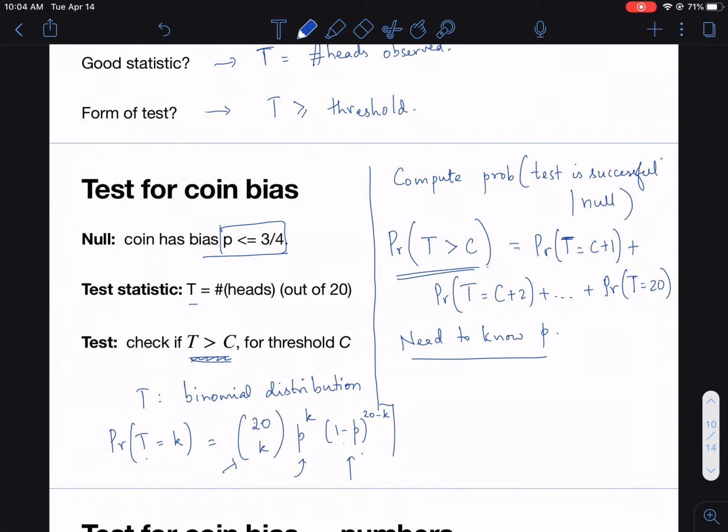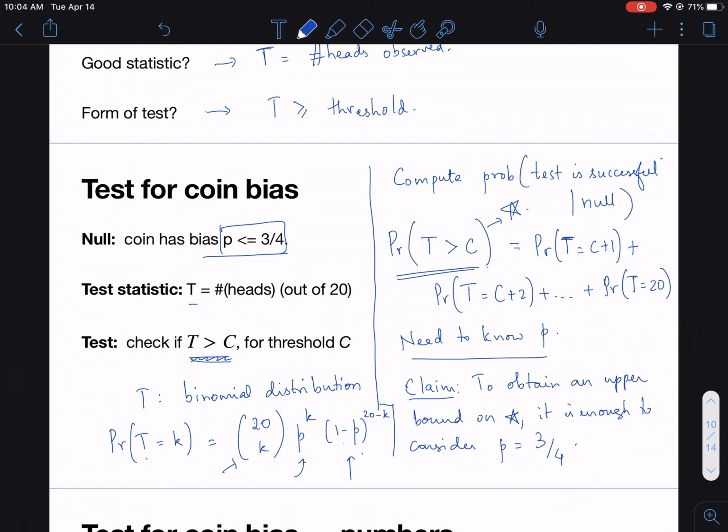But one thing that I will claim here, and it's intuitively a very simple claim, is that to obtain an upper bound on this probability, let me call this star for now, it is enough to consider p equal to 3/4.